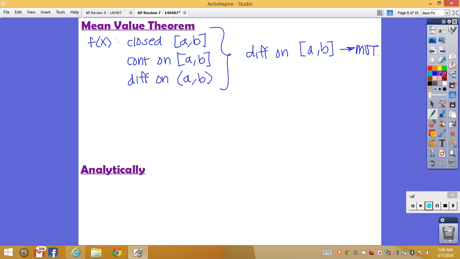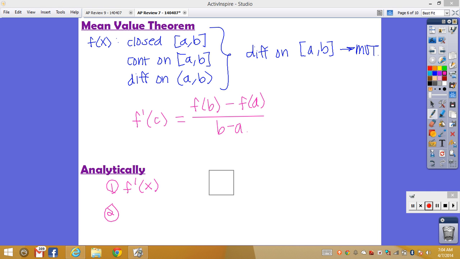What does MVT state? It states that f prime of c is equal to f of b minus f of a all over b minus a. Analytically, and you can tell by this little equation right here, first, find f prime of x. Number 2, find the slope between endpoints.